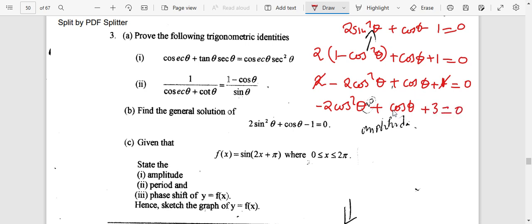So what we have here is a quadratic equation. So I'm going to find the product. The product is going to be negative 2 times 3, which is negative 6. And then the sum, which is a positive 1, the number in front of cos. So what two numbers can we multiply to get negative 6, and we add them, we get 1? Do you know of any?